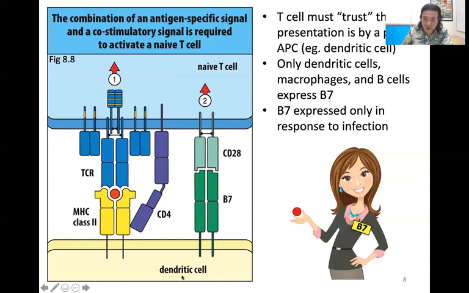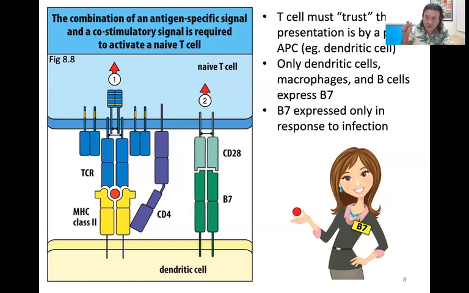Therefore, we know that this is some kind of a professional antigen-presenting cell. Remember, a professional antigen-presenting cell that has MHC2 on it is actually only a small subset of cells in our body that do this.